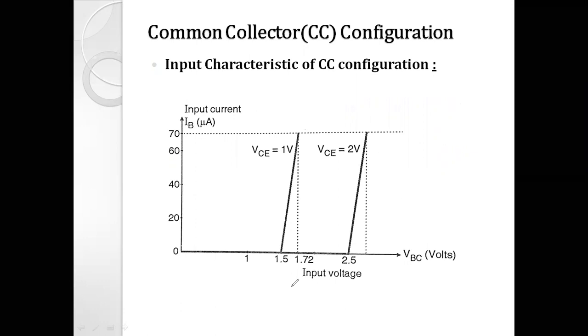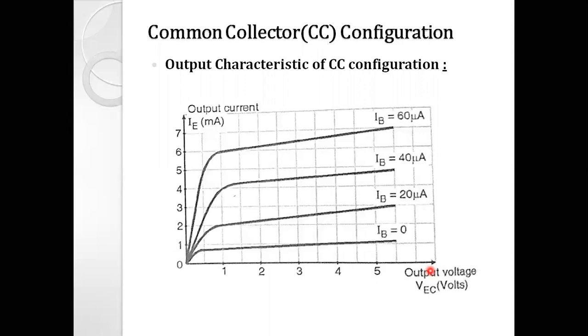The first one corresponds to VCE equal to 1 volt and the second is VCE equal to 2 volt. Beyond a certain value, when we increase VBC, the input current linearly increases, right? That is for 1 volt, and for 2 volt, when we increase the base collector voltage beyond 2.5 volt, the base current linearly increases. So this is the input characteristic for common collector configuration.